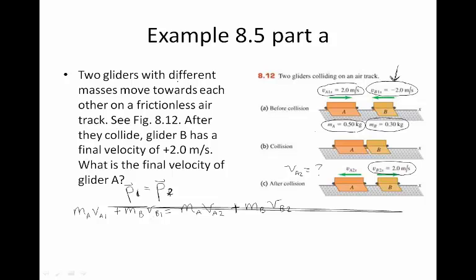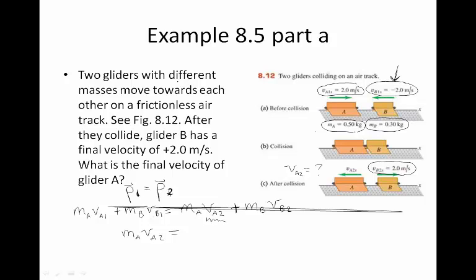Unfortunately, there's nothing we can set equal to 0, but we're given everything. We have all the masses, we have the initial velocities for both carts, we have the final velocity for cart B. The only thing we don't know is VA2. So at this point, it just becomes an algebra problem. So I'm going to get that term by itself on the left-hand side.